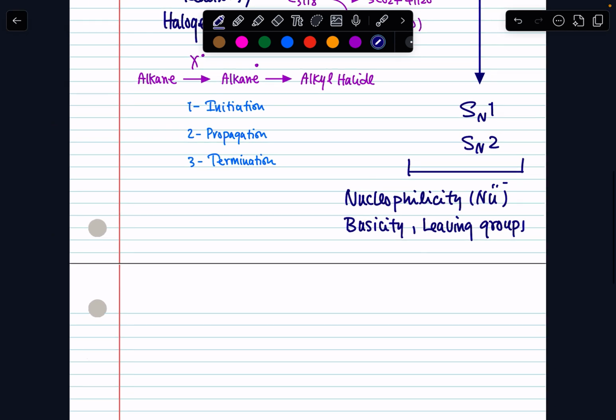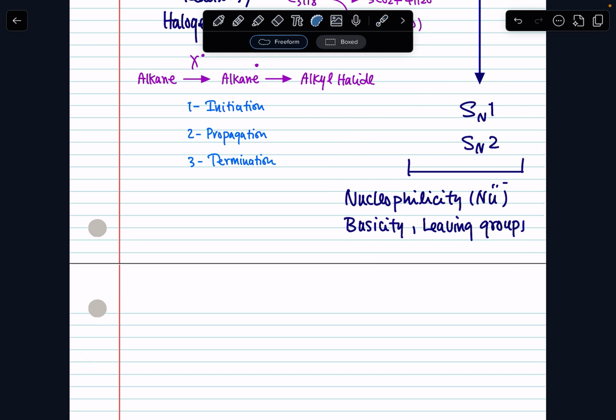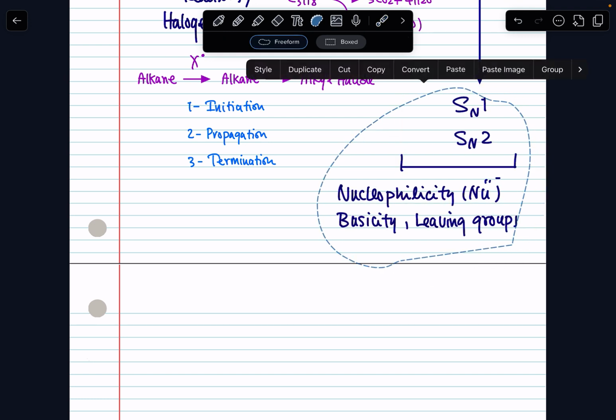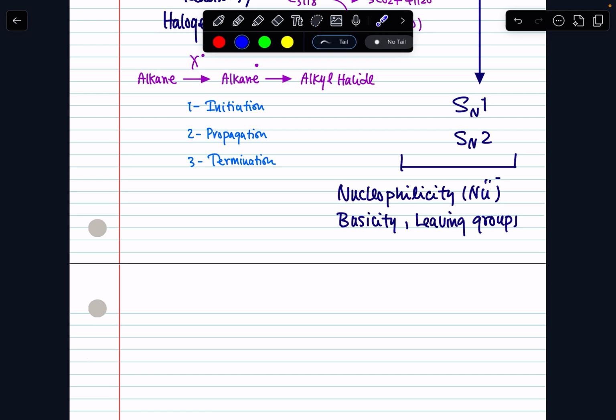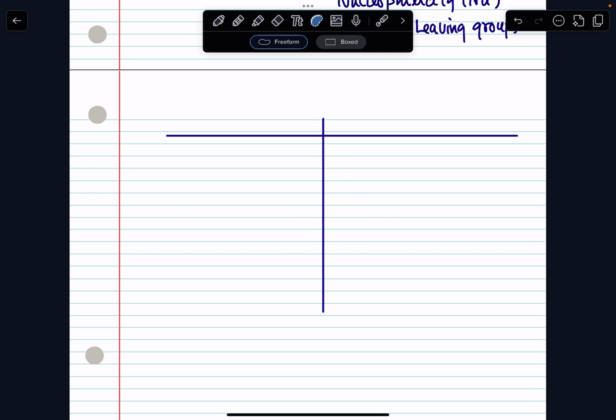Now, because we're going to cover this part of organic chemistry in Unit 2, I'm not going to spend too much time on it now. But what I will say is that I will show you guys a chart to compare and contrast these types of reactions. Okay, so let's make a chart here. We're going to compare SN1 reactions with SN2 reactions.